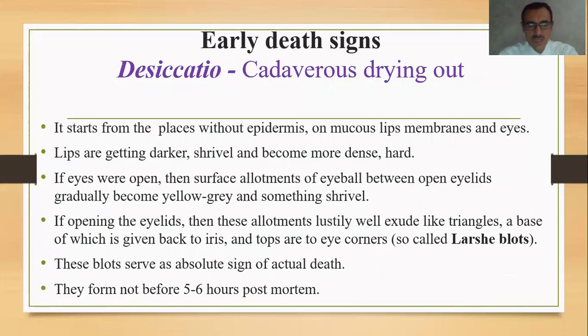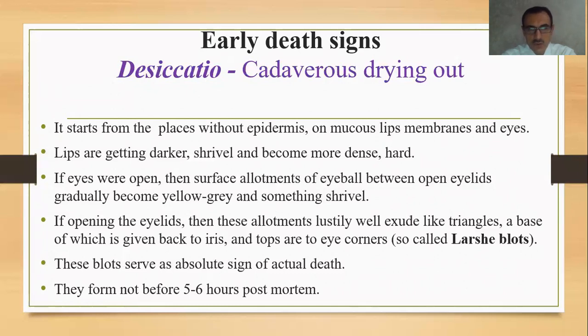Another early death sign is desiccation, the cadaver drying out. It starts from places without epidermis, on the mucosa of the lips and eyes. Lips get darker, shrivel, and become more dense and hard.